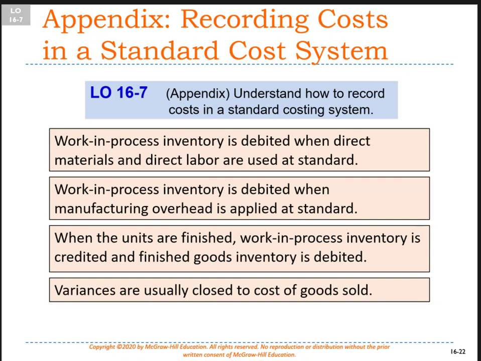How do our journal entries balance? We actually make debits and credits to accounts called variances, which then go to cost of goods sold, typically at the end of the accounting period. All right? So we'll pick this up in more detail in Chapter 17 and show some examples of the debits and credits.